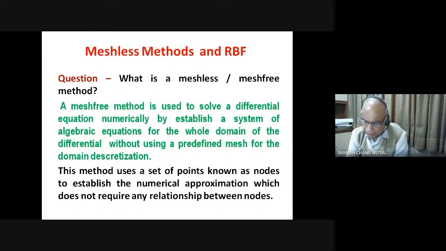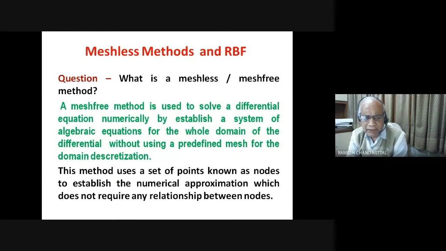Now, if I talk about finite difference, which I took yesterday and the day before, when your domain is regular, we first select a step length h, and then we draw a mesh with the help of h, which could be uniform or non-uniform.